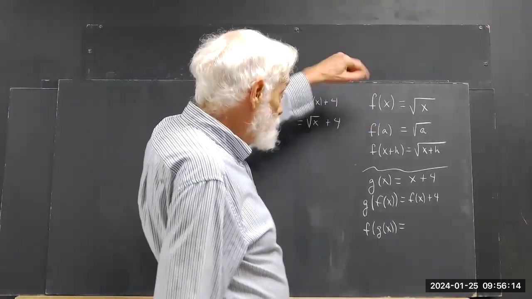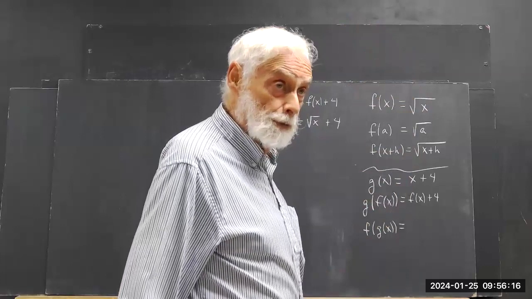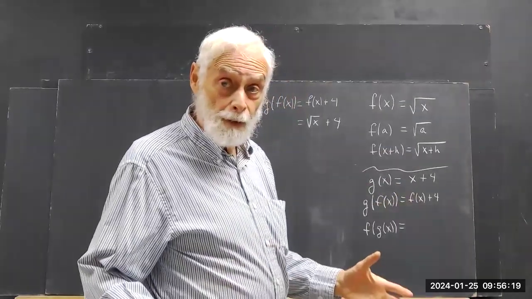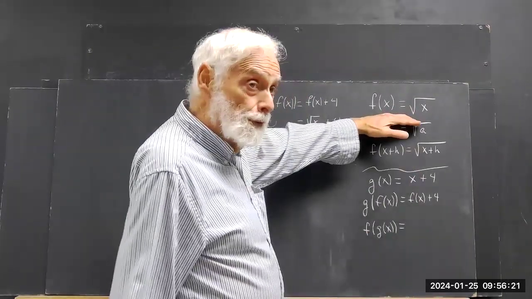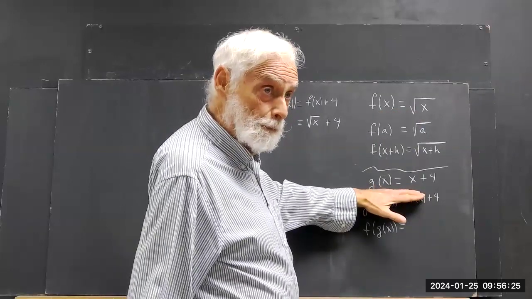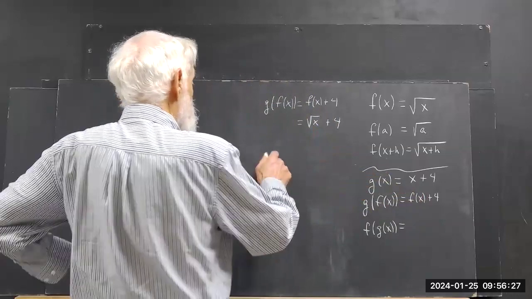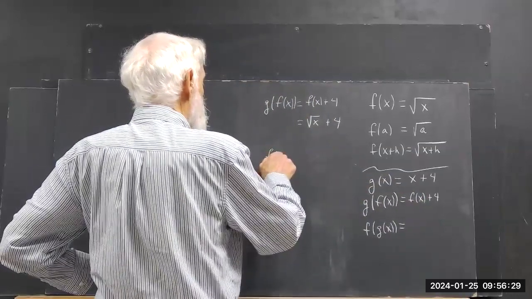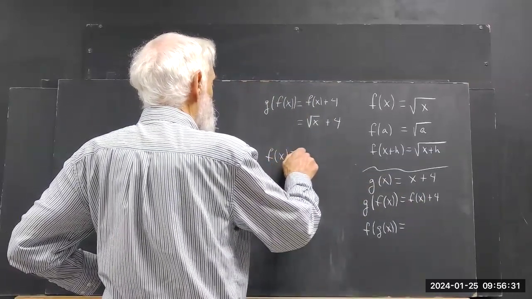The definition of f of x is f of x equals square root of x, right? There's where it's defined. If we write the definition of g of x, there's where it's defined, right? So we write the definition of f of x, which is all I asked you to do right now.